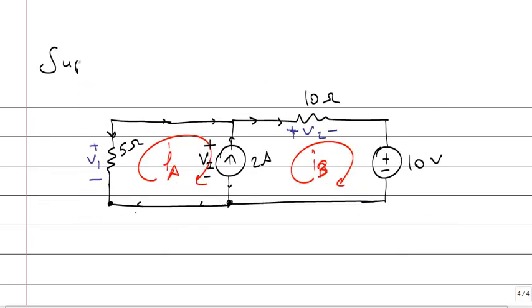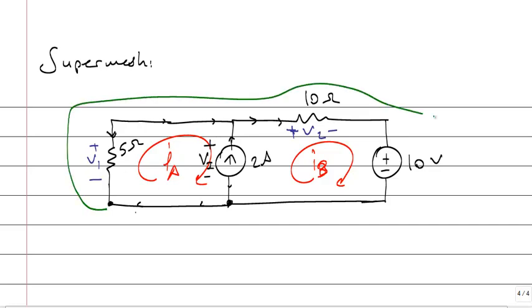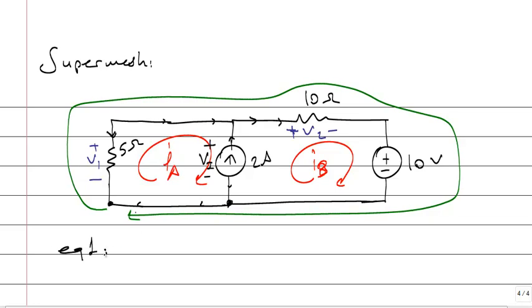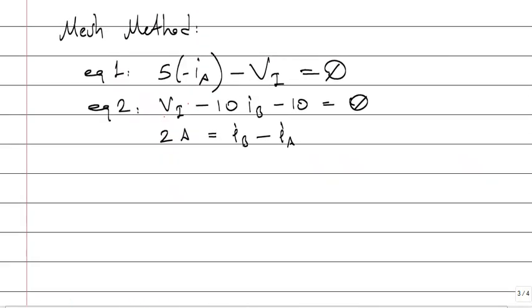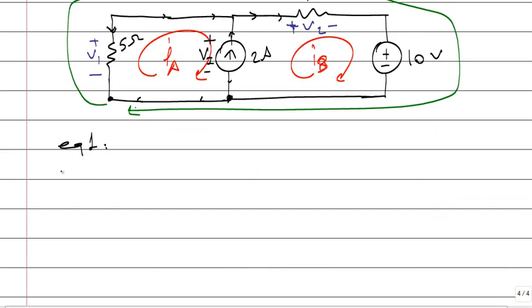Okay. In supermesh, I will write the KVL equation like that, including the current source. Let's write. That's equation 1. So I need 3 equations for the mesh method, but I will need 2 equations for supermesh.